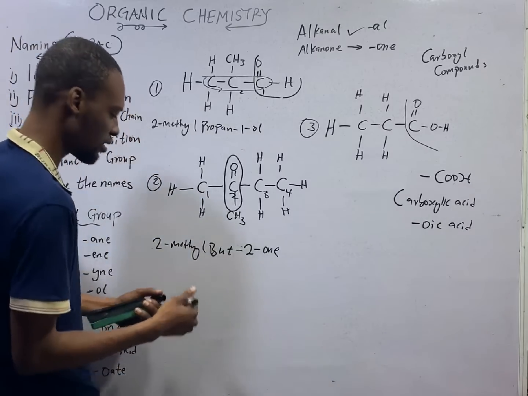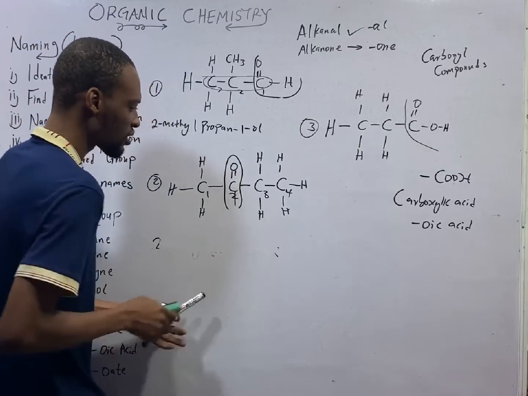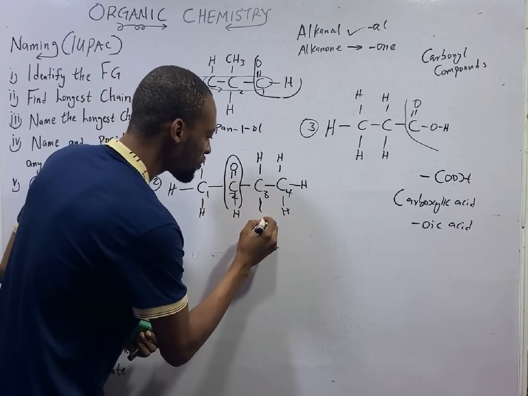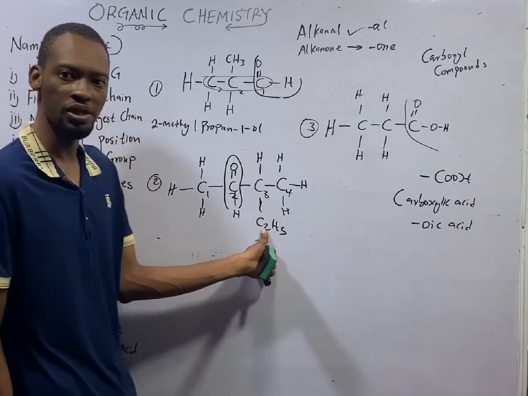Now let's do something. How about this is just hydrogen, and here you have C2H5 and here is C2H5.